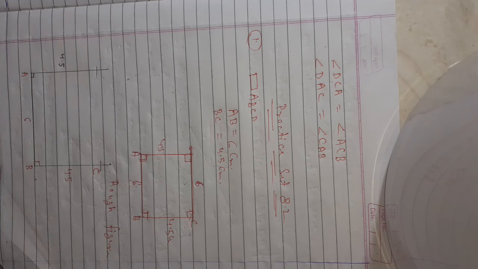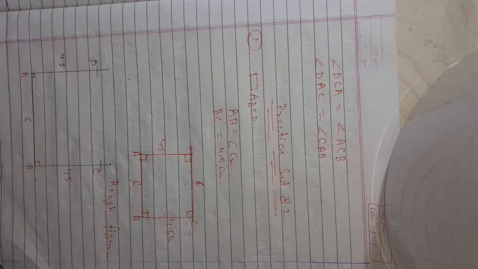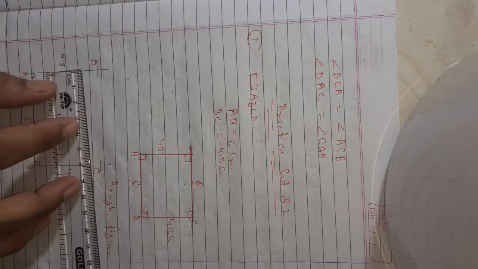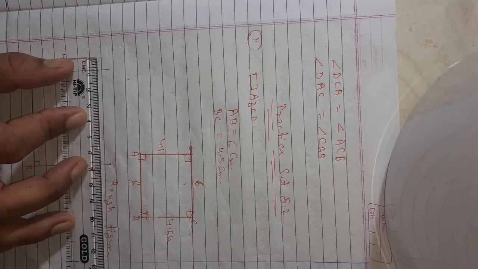Where they cut, this point is known as D. Now you just meet those both cut points.